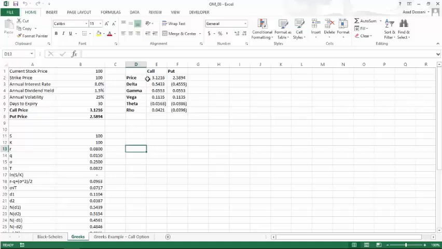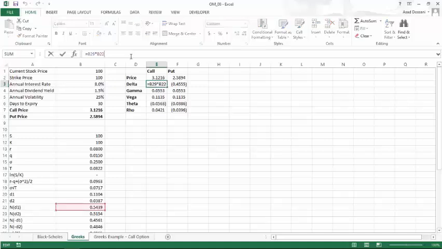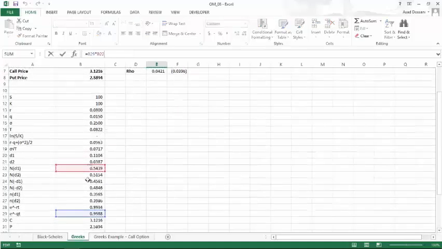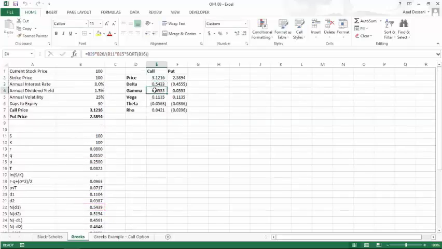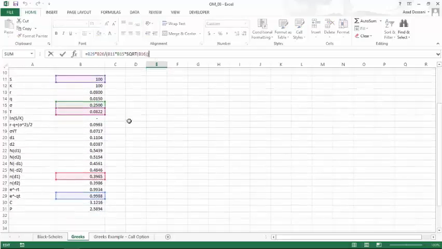What I've done is calculate all the Greeks for each of the call options. The formulas for these are the same as what I just listed on the slides, and they're all based on these parameters down here that we used last time.